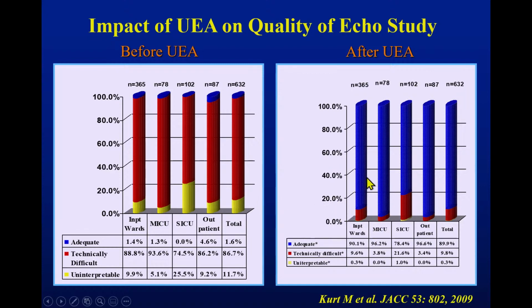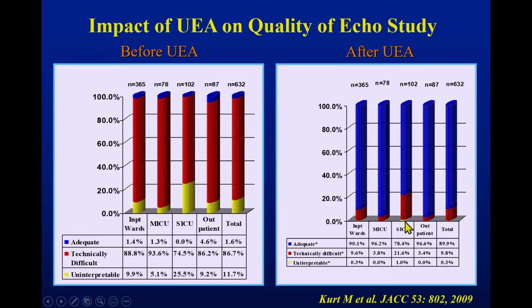Now the interesting thing is, after ultrasound enhancing agent, the conversion to an adequate interpretation doesn't tell me much about the valves or other things, right? But this is adequate interpretation of global and regional function, in the vast majority of patients. It's not 100%.